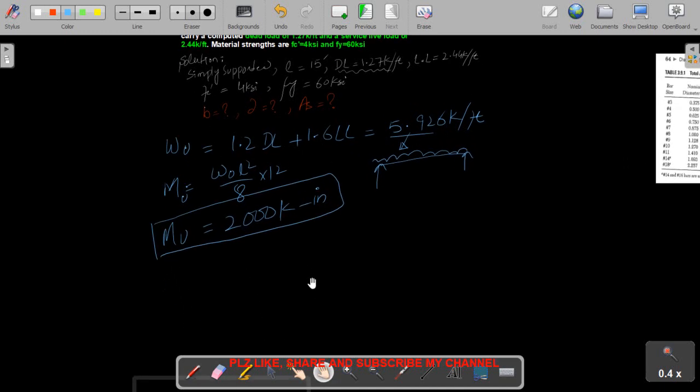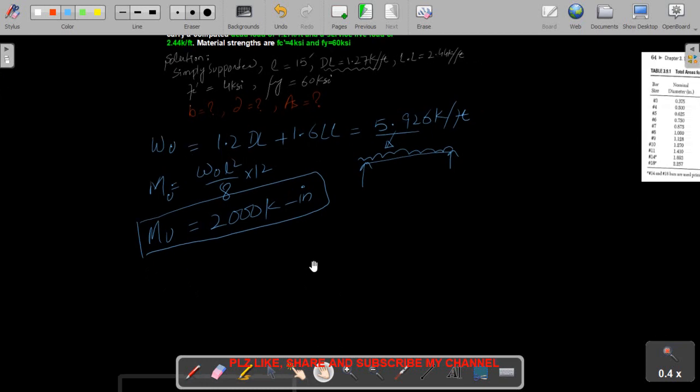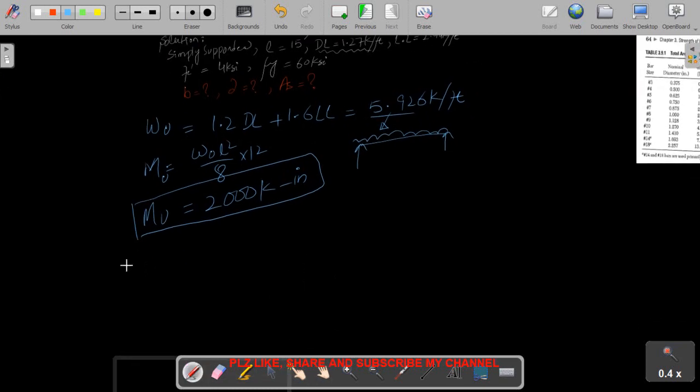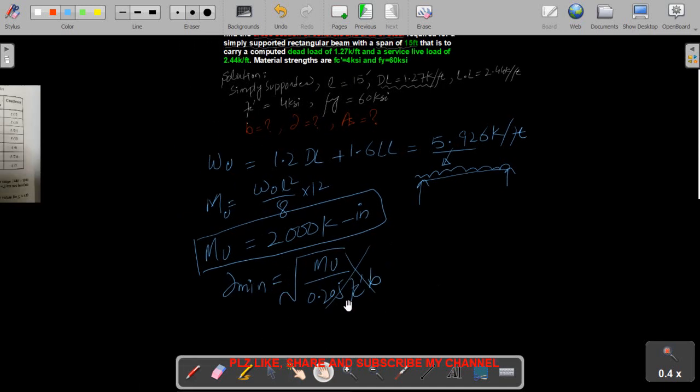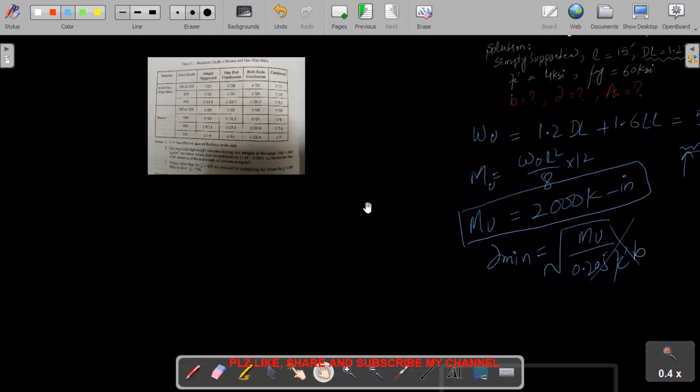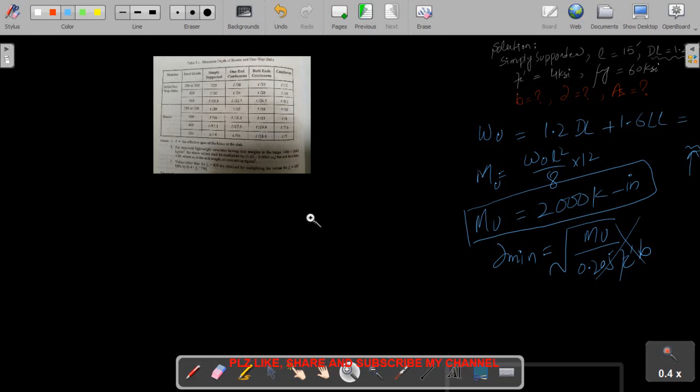Now here we need the depth of the beam. We already derived an equation and we know about this equation, that is Mu equals 0.205 f'c into b. But here I am not using this equation, right? I am choosing the deflection criteria, which we have already discussed.